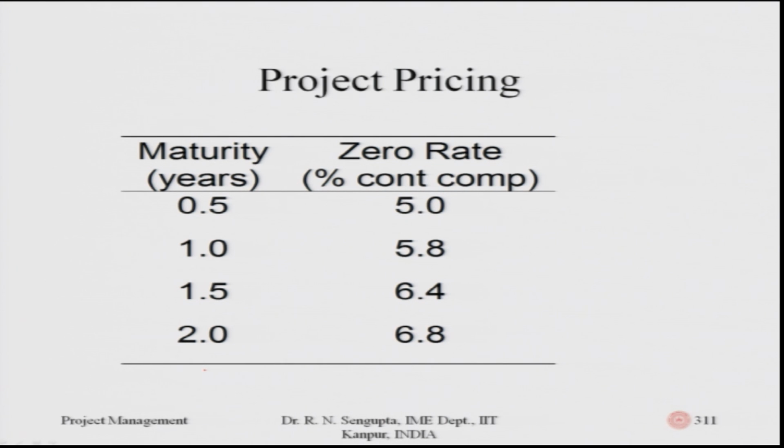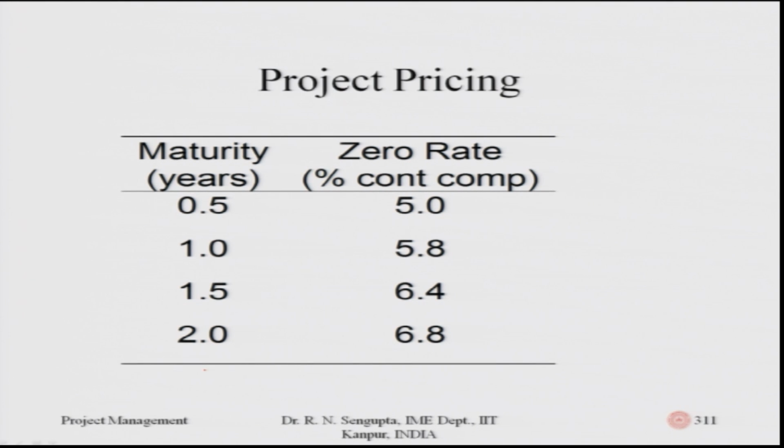If you see this 0.5, it means a time period of 6 months. If you see the third value, it is 1.5, it means 1 year and 6 months. So, this first column is the maturity in years: half a year, 1 year, 1.5 years, 2 years, and the zero interest rate calculated for 6 months is 5%. It is not from the 6th month to the 1 year period, it is from the 0th month to the 1 year period.